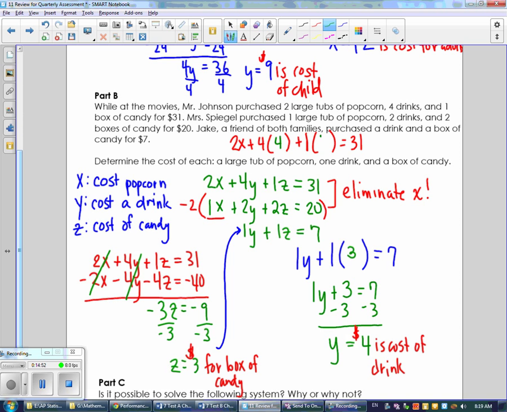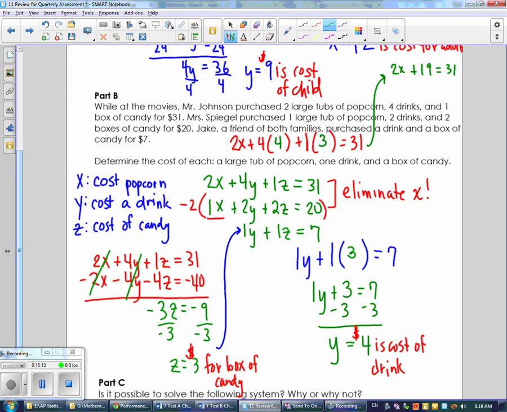and z is 3. And so when I simplify this, I'm ultimately going to have 2x. So 4 times 4 is 16, and 1 times 3 is 3. 16 plus 3 is going to give me 19. So I know 2x plus 19 is equal to 31.